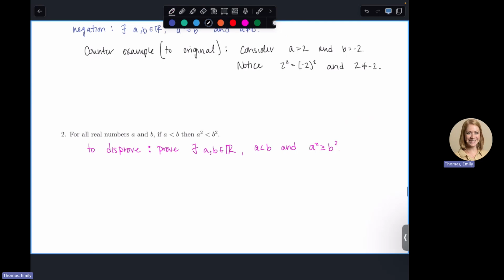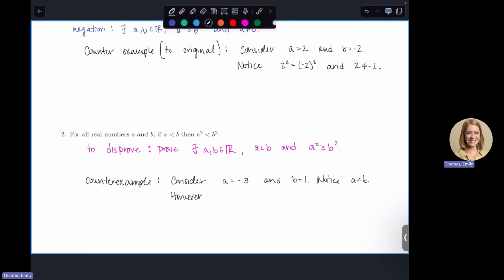We can do this, right? I'm going to say something like, consider a equal to, I don't know, -3, and b equal to, let's go with 1. Notice a is less than b. However, I am writing full sentences.